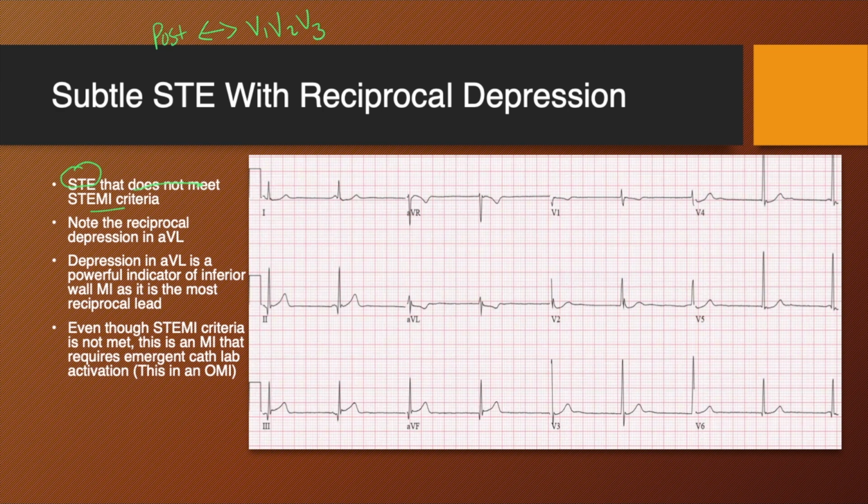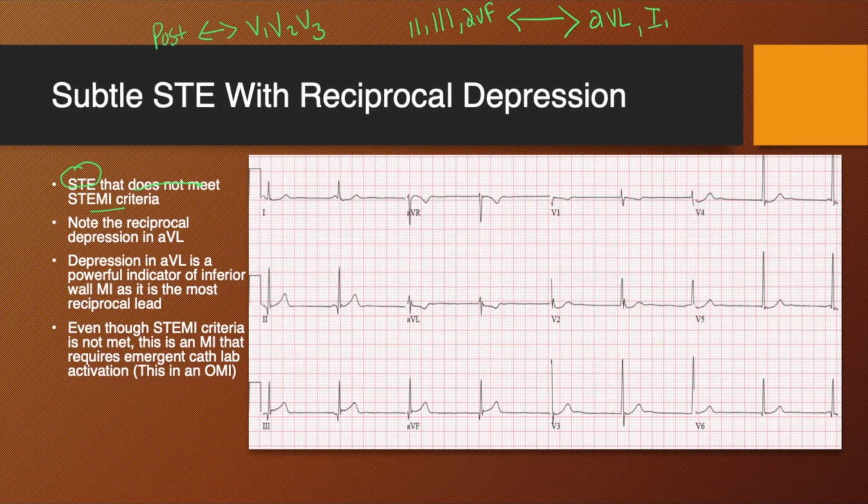Well, another area where you have opposites is in the inferior and high lateral walls. So the inferior leads 3 and AVF are reciprocal to the high lateral AVL and 1, or 1 and AVL.